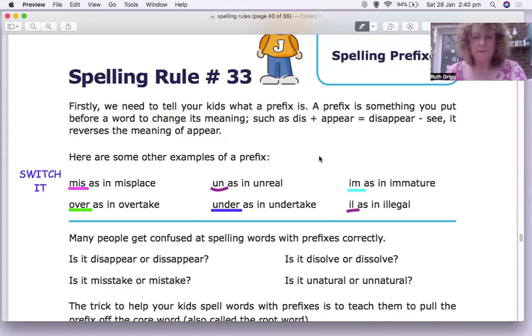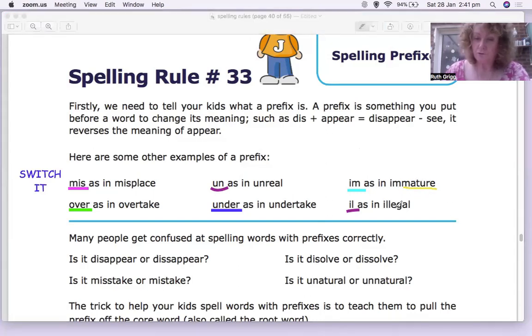So it is important to understand how prefixes work. It's also important to understand the root word here: mature, legal, take, real. These are the root words, look, place, take, and understand which part comes before the root word. And it's important to actually understand what these things mean.